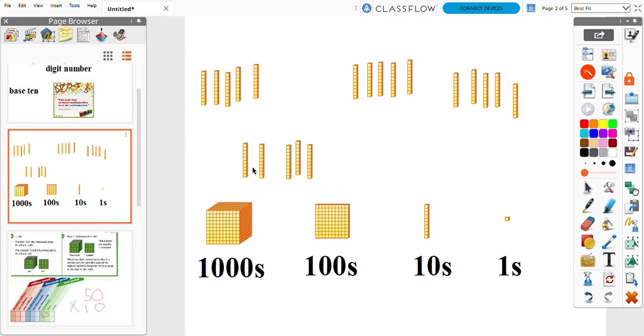I can copy them. So we should have 10 groups, right? So I'm going to lock these up, group them, and I can copy them.